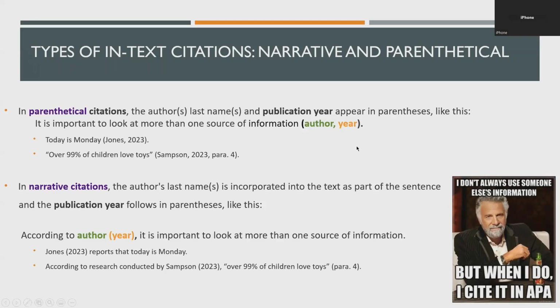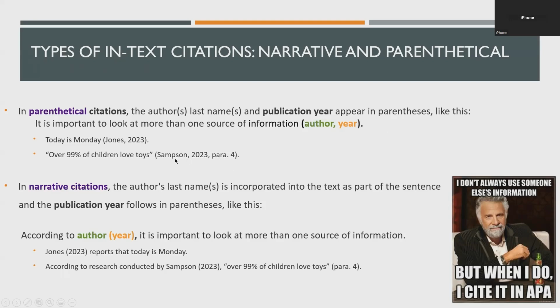And so this slide here goes into a little bit more detail about the types of examples that I just showed you. So a parenthetical citation, you just heard me use that terminology. A parenthetical citation just means a citation that is within parentheses. So we have two examples of that here: Jones 2023, Sampson 2023, paragraph 4.